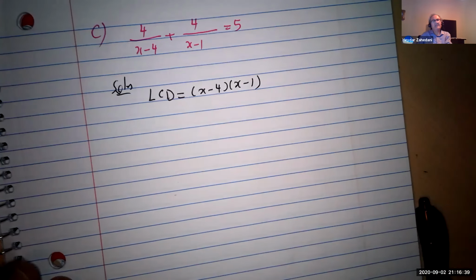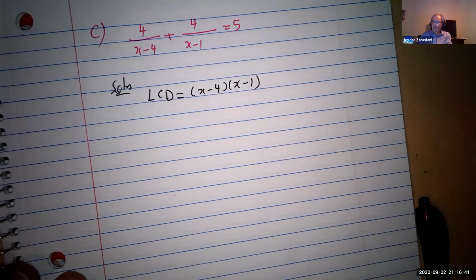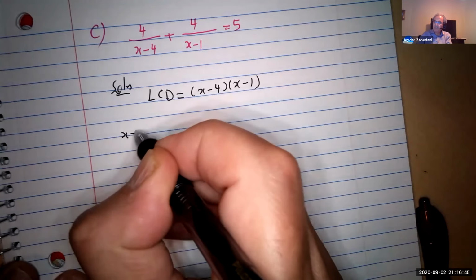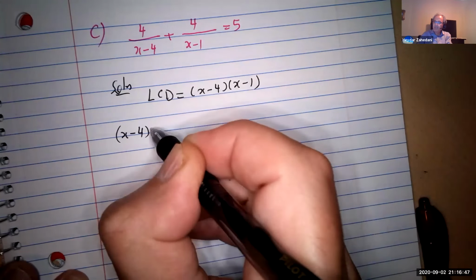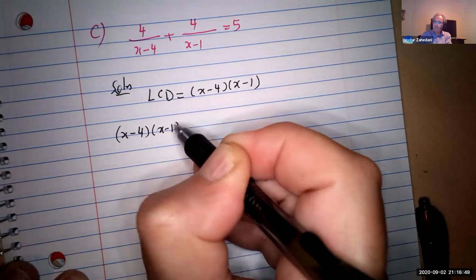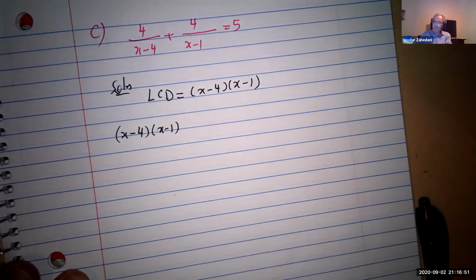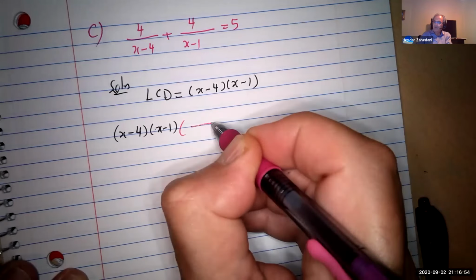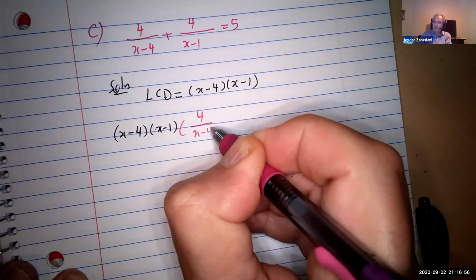So multiply both sides of the equation by this quantity, x minus 4 times x minus 1. You multiply it by 4 over x minus 4. That's the first one.